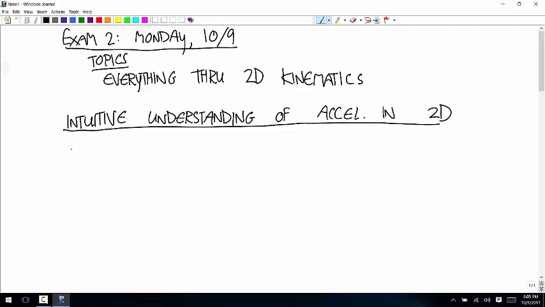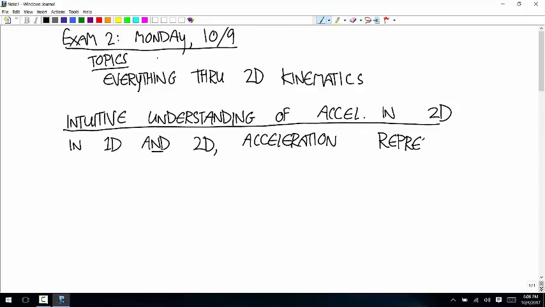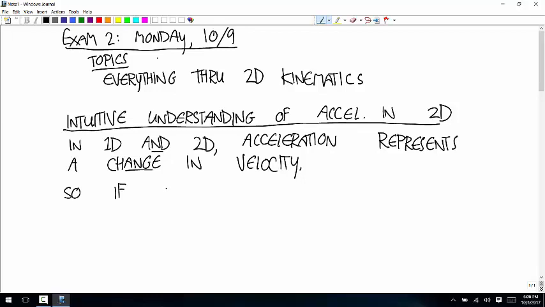So in 1D and 2D and 3D, acceleration represents a change in velocity. Well, I shouldn't say it is a change in velocity. It's not exactly the same thing, but it's related to it. So if velocity doesn't change, acceleration is 0.